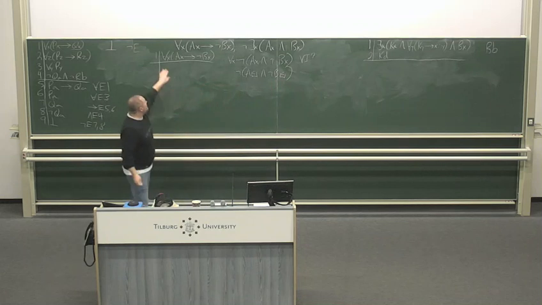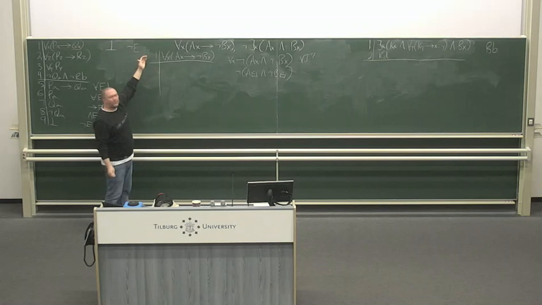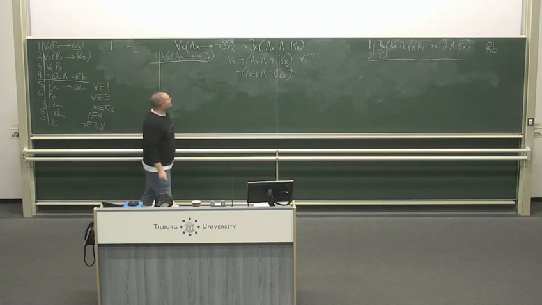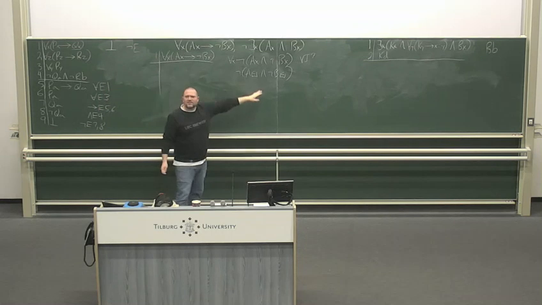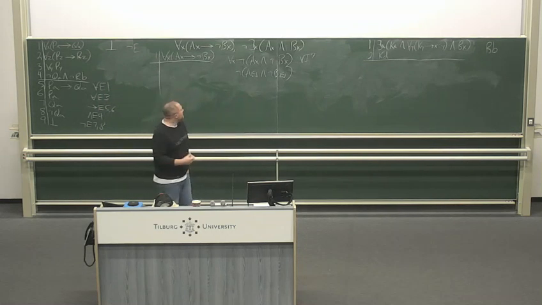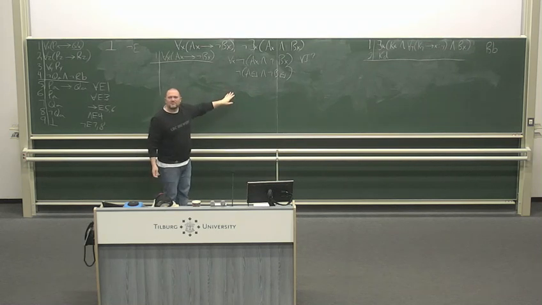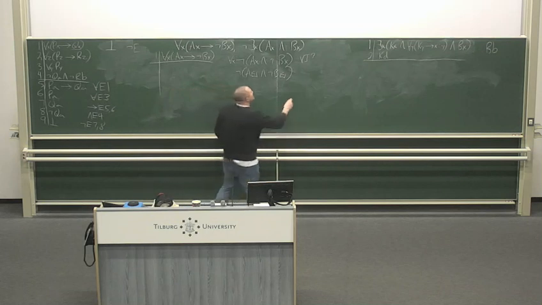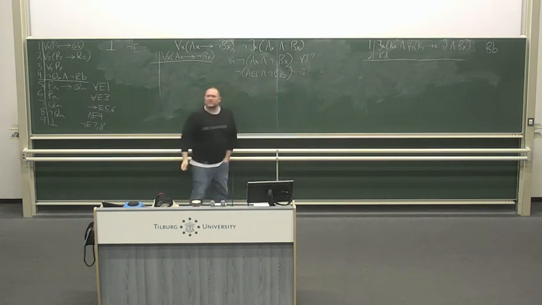It needs to not appear in any undischarged assumption, but so far so good. Now, how would we get this? Well, let's think. What's the main operator of this sentence? It's a negation. So a rule that might give us this is negation introduction.